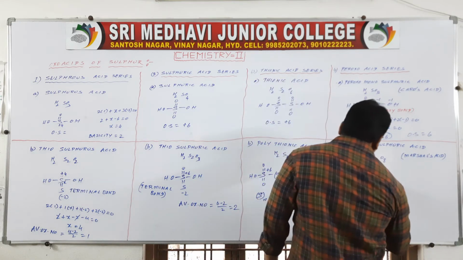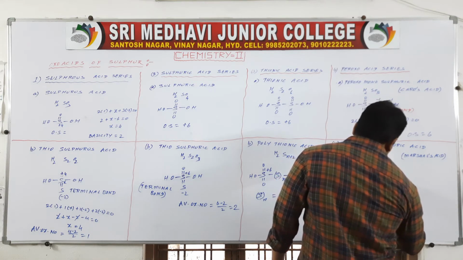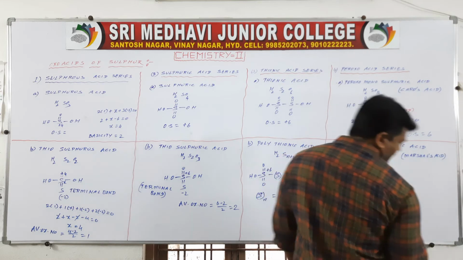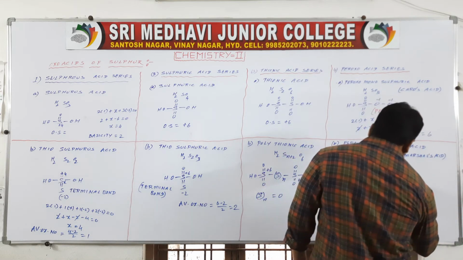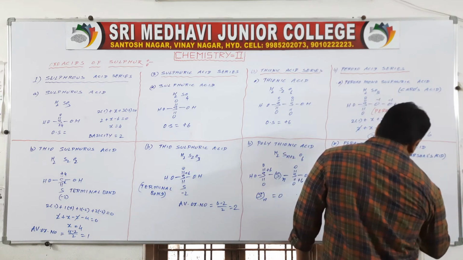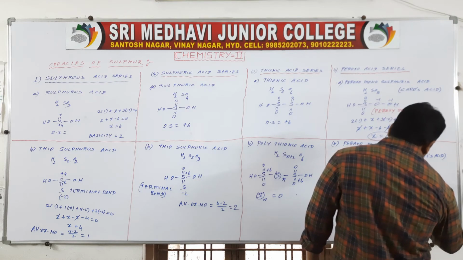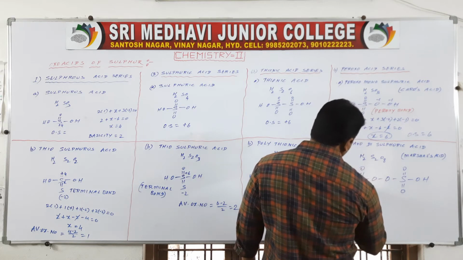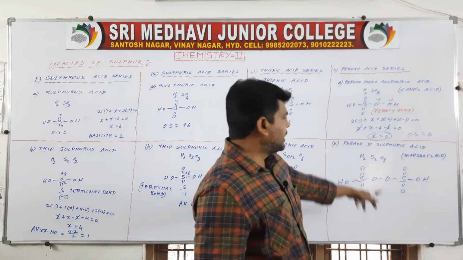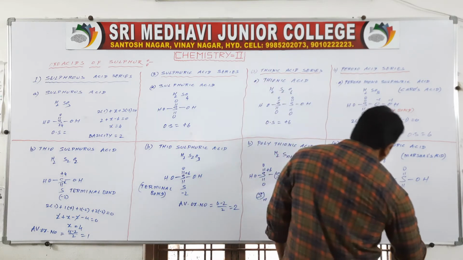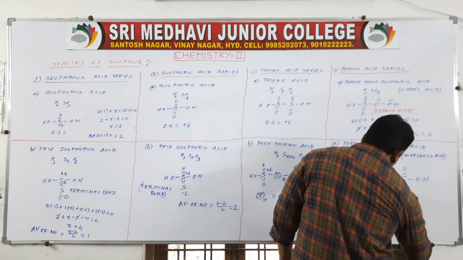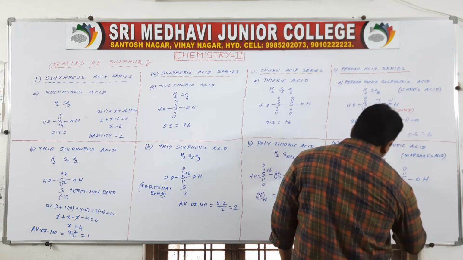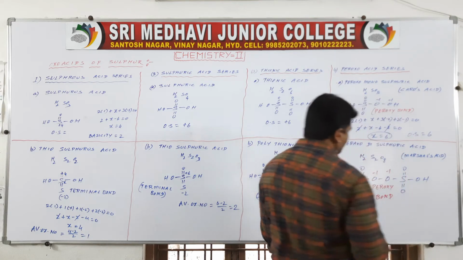Then here between 2 sulfurs a peroxy bond is present, so that is double bond O, double bond O, single bond OH, double bond O, double bond O, single bond OH. It is a peroxy bond, so the oxidation state is minus 1, minus 1.